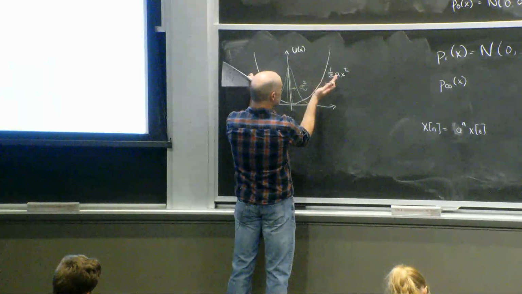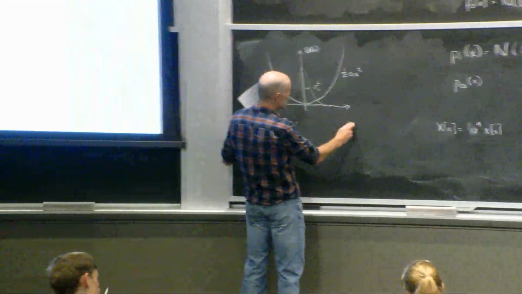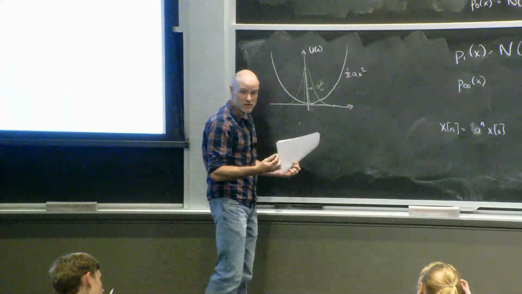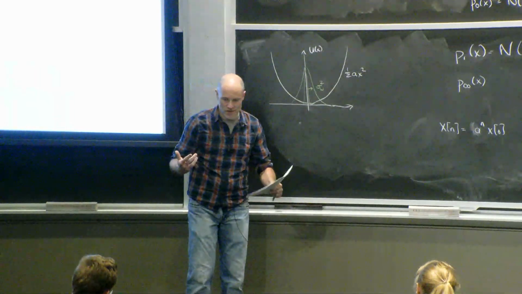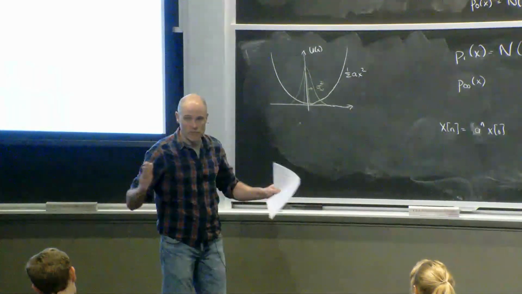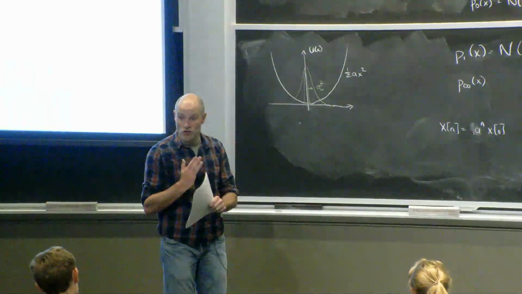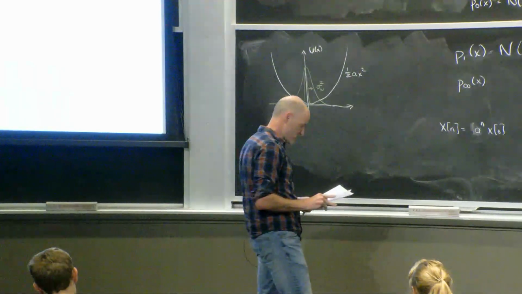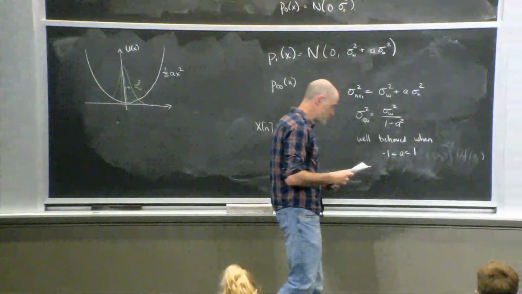If I make this a weaker stability, then I'm going to get a broader distribution. Okay, but they come into balance. So I think the linear system is simple enough that you can see there's this balance between stability in a deterministic sense and randomness in a stochastic sense. That will shape your final stationary distribution.